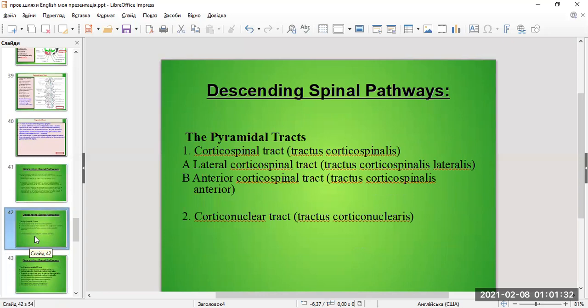The pyramidal tracts: corticospinal tract, tractus corticospinalis, subdivided into the lateral corticospinal tract and anterior corticospinal tract, and corticonuclear tract or tractus corticonuclearis.